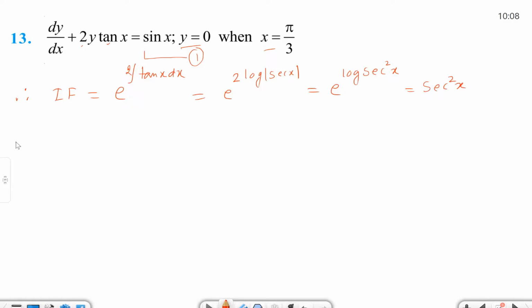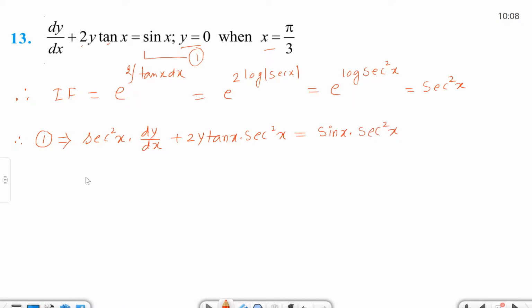Therefore multiply 1 by the IF: sec square x into dy dx is already there, plus twice y tan x into sec square x, and on the right hand side sin x already there into sec square x.